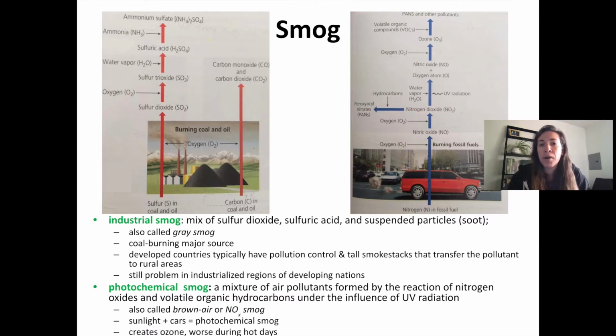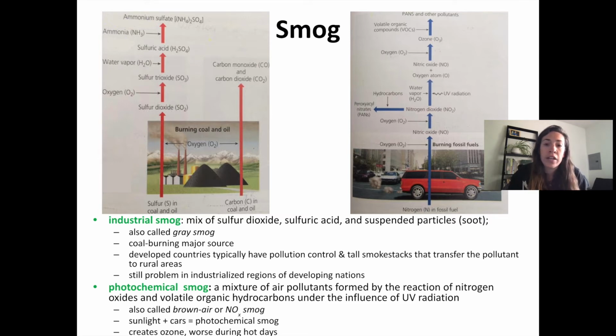Photochemical smog is probably the smog you're more familiar with living here in California, and that's due to the fact that it's associated with the nitrogen content of our fossil fuels. So natural gas, but mostly gasoline and other petroleum-based products, are going to contain some amount of nitrogen. And when we burn those fossil fuels, they interact with oxygen to create nitric oxides.